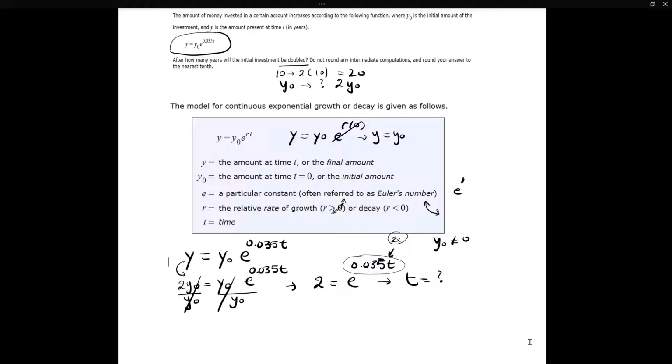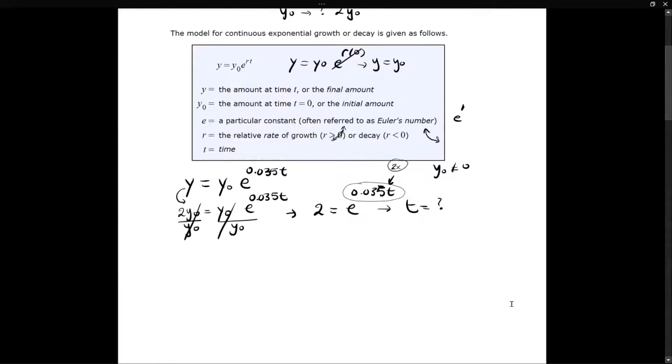So we can take the natural log of both sides, since the natural log is the inverse and will cancel the e. There are a few ways to do it, but the simple way we talk about in the properties is to just take the natural log of both sides.